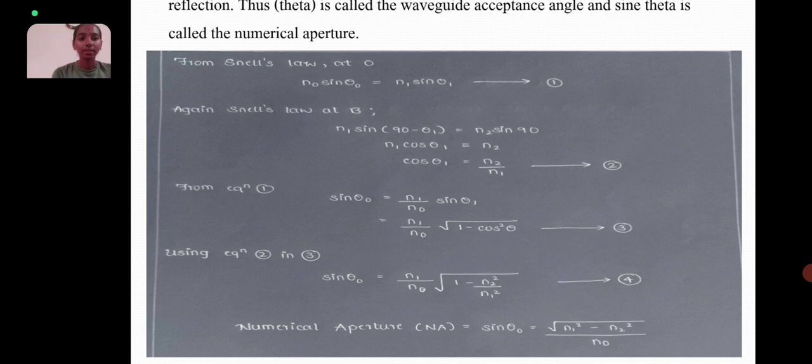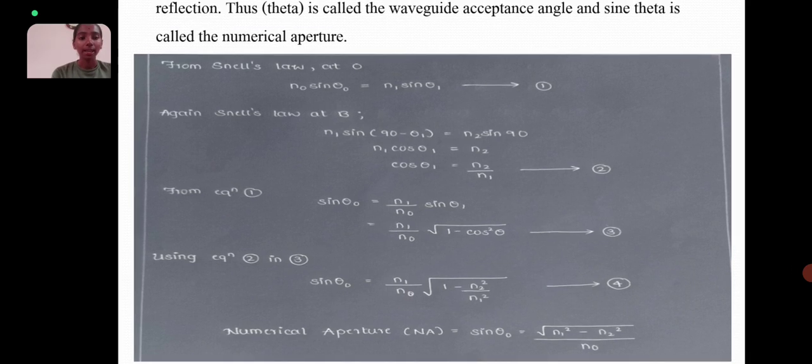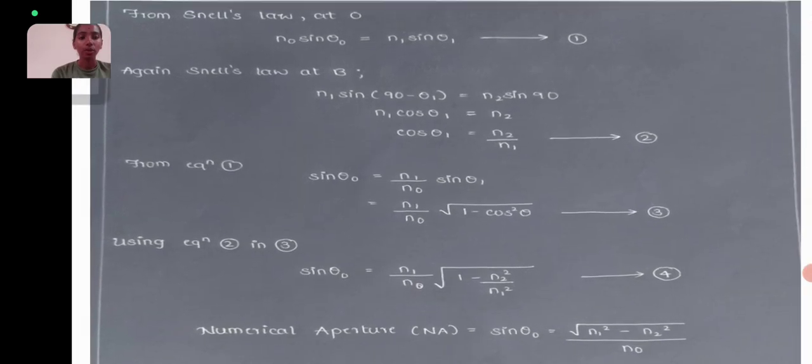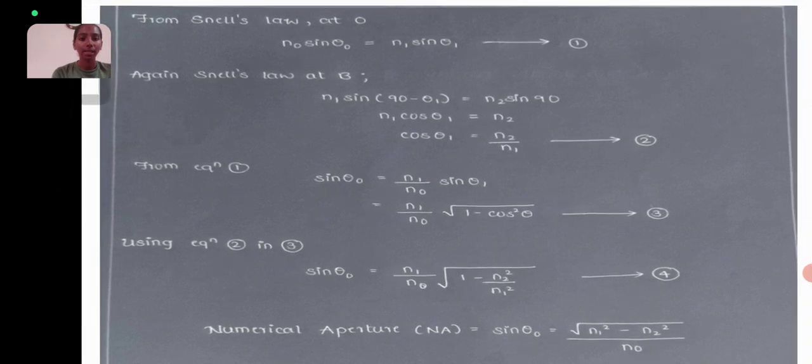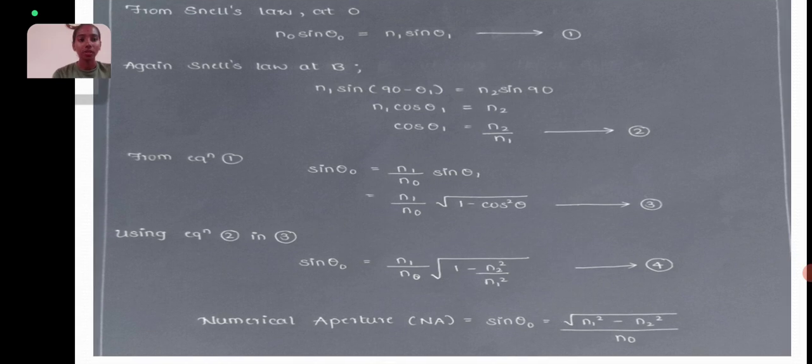Let's consider this as equation number 3. Using equation 2 in 3, it becomes sine theta naught is equal to n1 divided by n naught root of 1 minus n2 square divided by n1 square. Let's consider this as equation number 4.